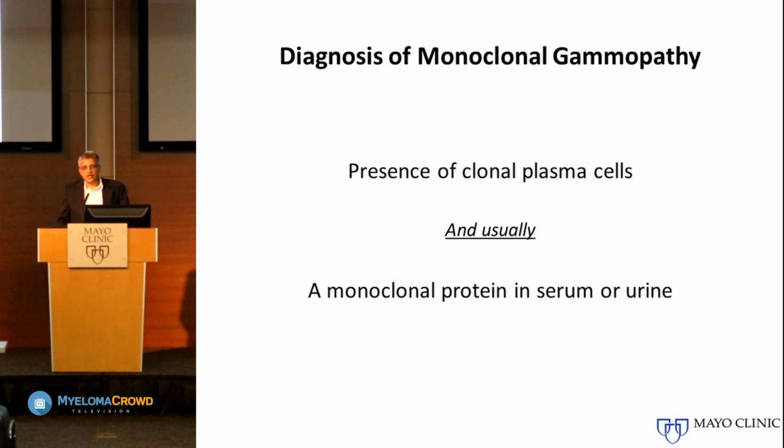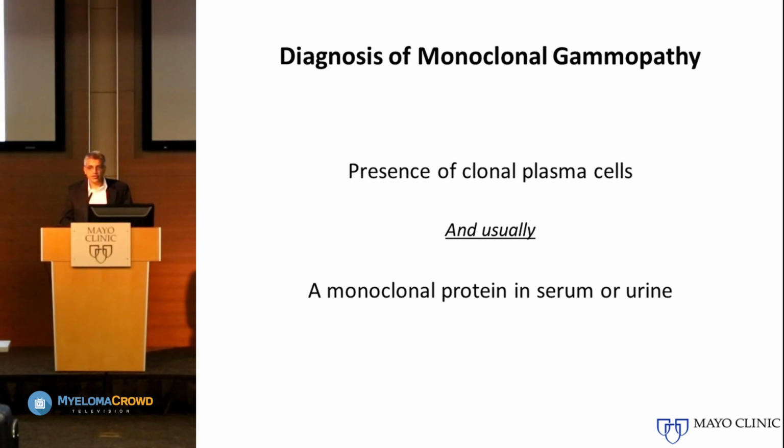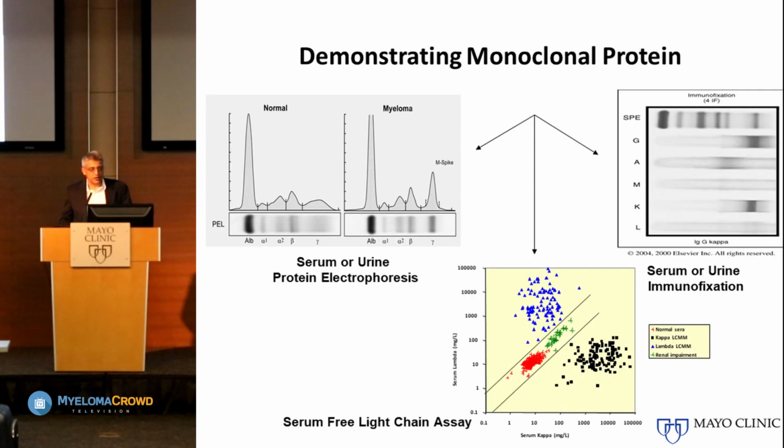So presence of these abnormal plasma cells and the protein that these cells make, which is referred to as the monoclonal protein, which I'm sure when you go into the clinic, you always talk about the M spike or the free light chain. These are the two characteristics, or at least the basic requirements, for making the diagnosis.